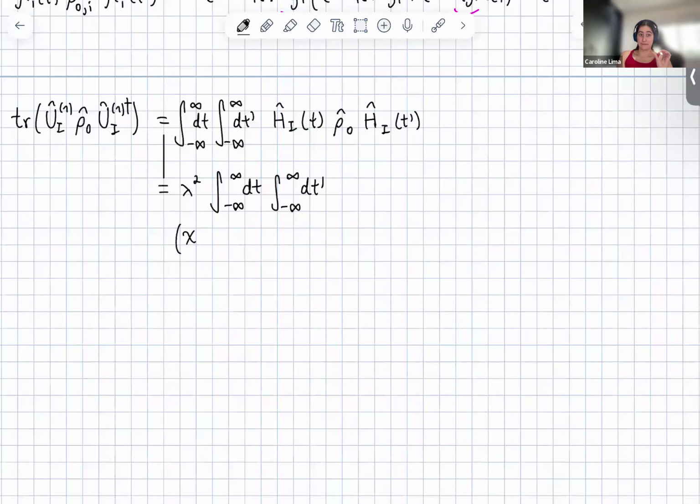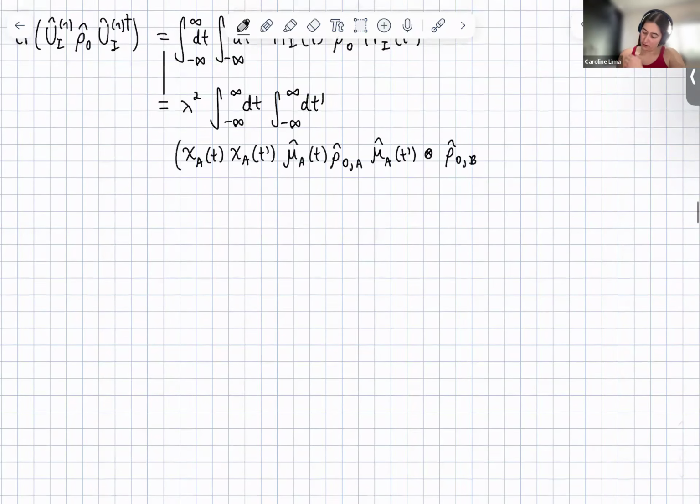I'll have a switching function on A. So let's take the term that comes from A and A on each side, okay? Then I'll get a mu A here, and then I have the rho A, and I get the mu A of t prime on the other side. And for B, nothing happens, okay, for this case. For B, it's just the same thing.